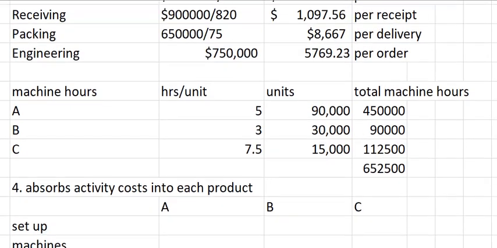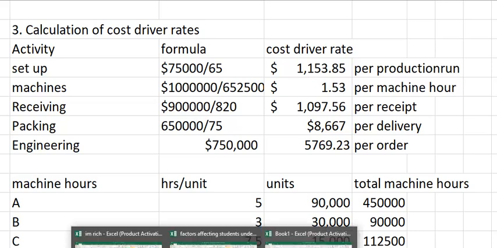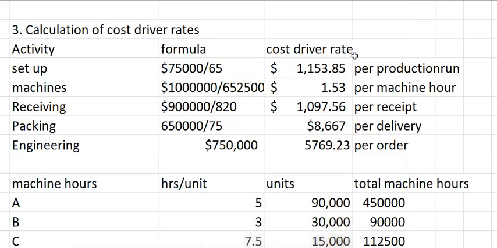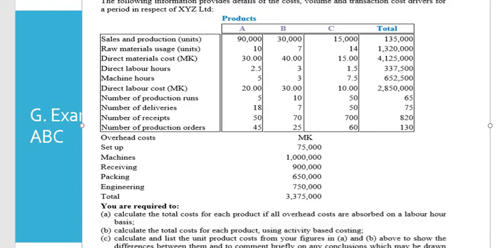So if you remember setup, we found 1153.85 per setup or per production line. So I want us to share on this so that we are faster. We'll do this. So you'll be multiplying this by setups. So what are our setups or production line? So we have 5, 10, and 50.